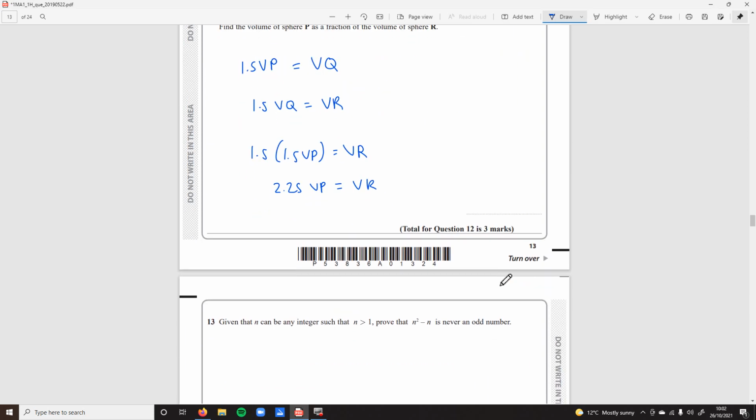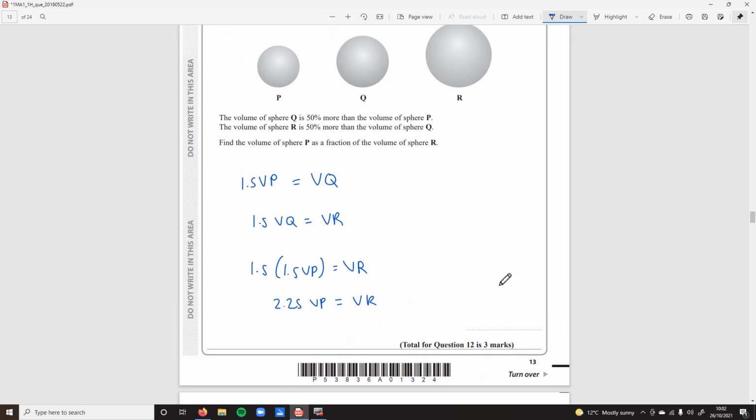Now, I need to do it the other way almost. So VP equals, oh god. So if I know that 1 times 1.5 gets you to VR, I'm dividing by 1.5 and timesing by 2/3, okay.